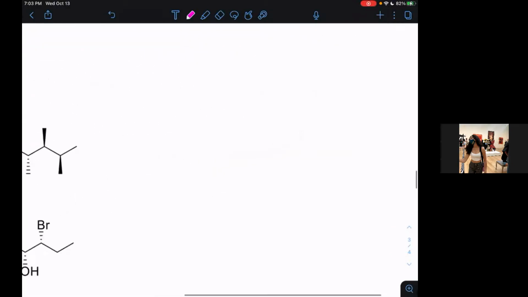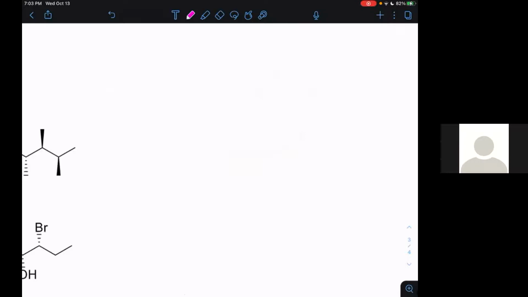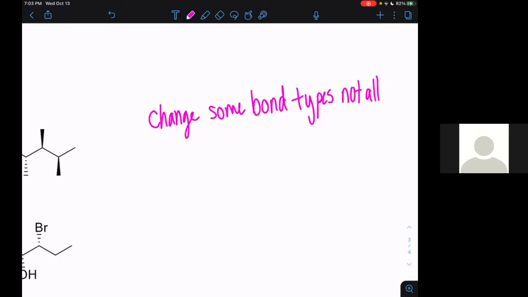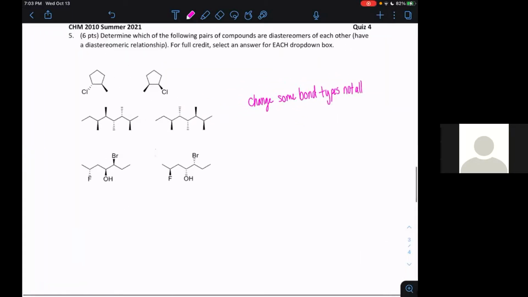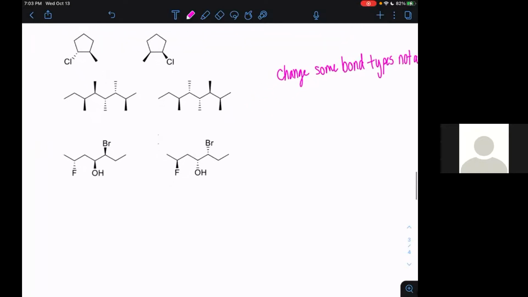What did we say before? It's when you only change some, but not all. Only some bond types will change. But I've also been noticing that they're cis-trans or E/Z isomers also. So that's one way to think of it.